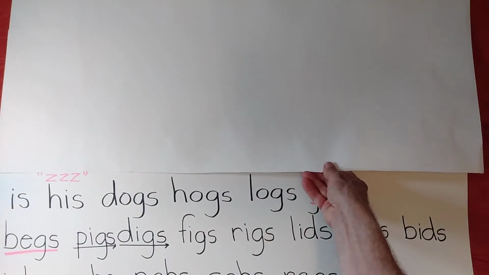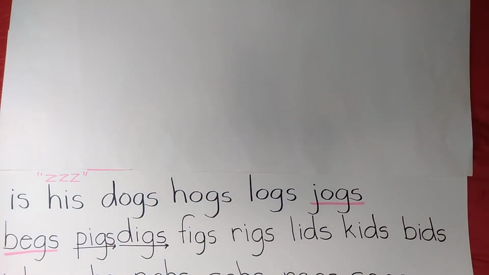Now we're going to read words where the S sounds like a Z. And in all cases, the S is going to be at the end of the word.